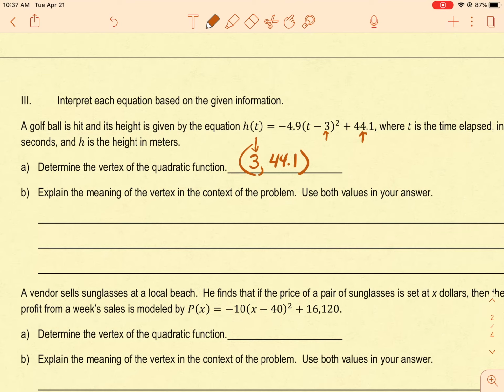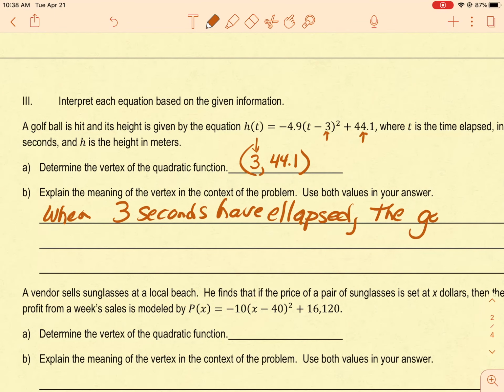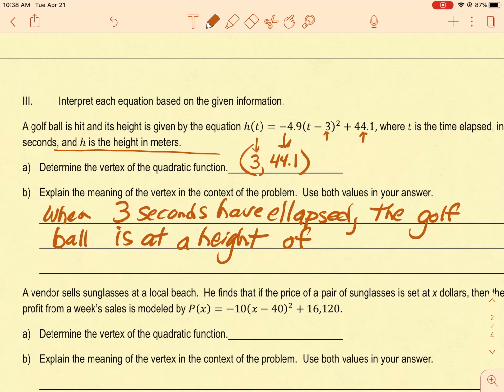So this is saying when 3 seconds have elapsed, the golf ball is at a height of, and if we look at this y value, it tells us height in meters, 44.1 meters. That's what that represents, in the air, you could even specify.